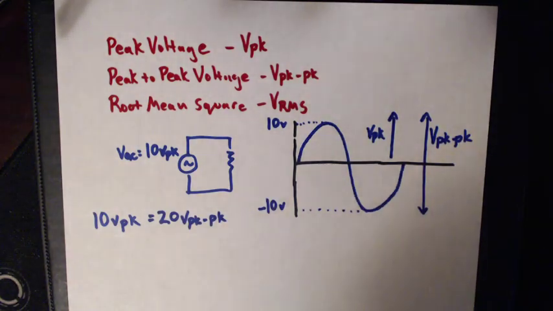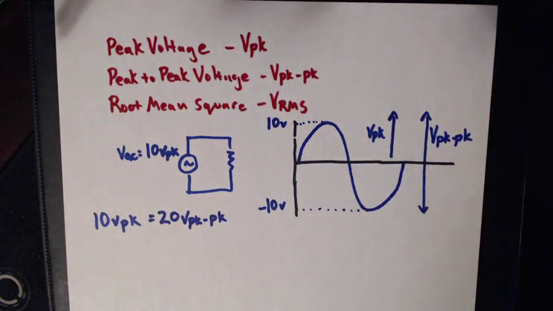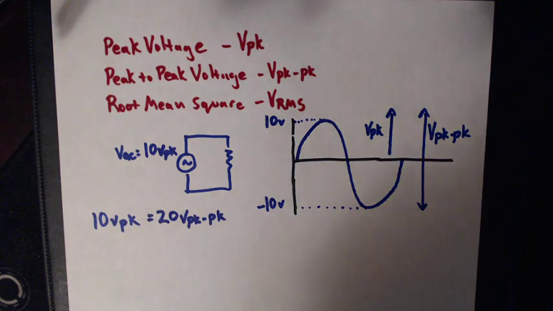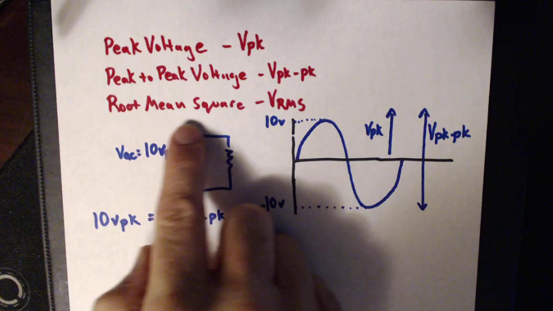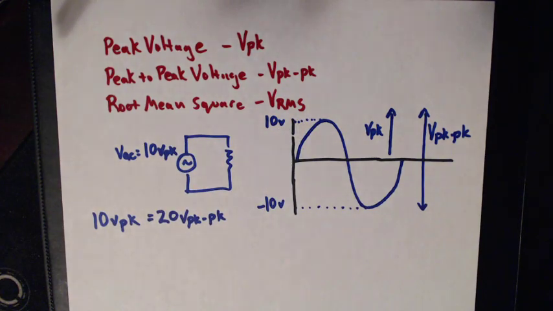However, there is another way to specify the magnitude which ends up being a lot more useful in many cases, and that's the root mean square. Now, for the root mean square, I'm going to go ahead and use the example of our wall outlet.